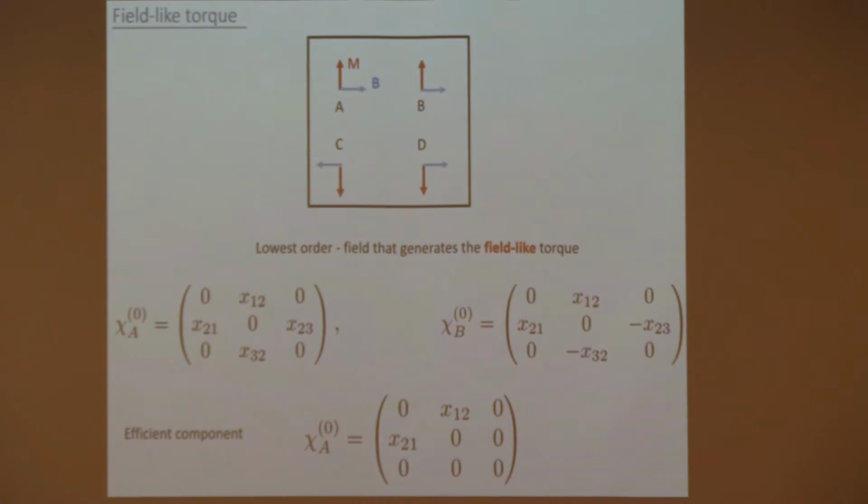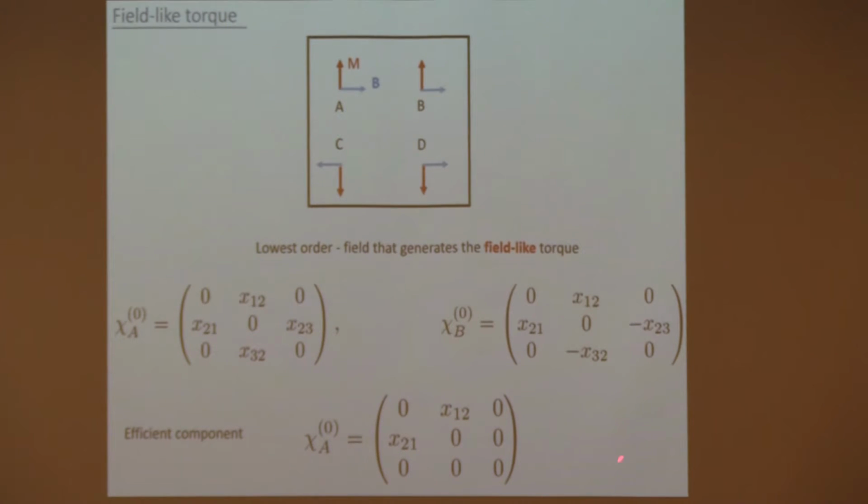So then we can look also at other symmetry operations, and we can find the general form of the lowest order terms. And we find, since the magnetic moments on A and B are the same, we also want some magnetic field which is the same on A and B. And so if we look at this tensor, we find it has some components which would be the same, some components which would be opposite. So for efficient manipulation, only these components will actually matter.